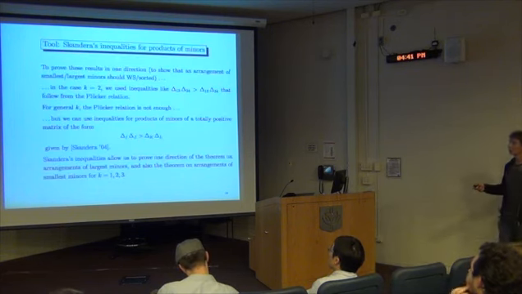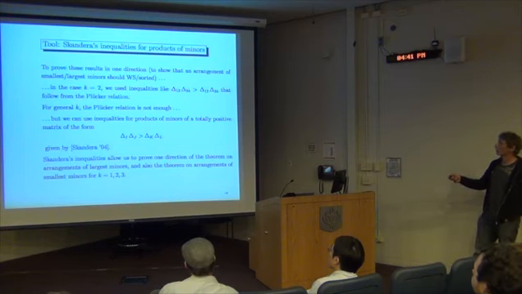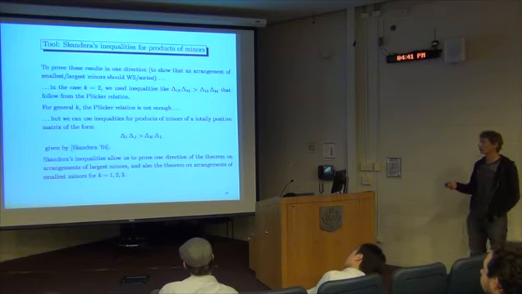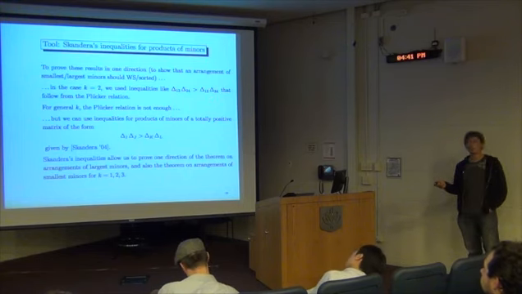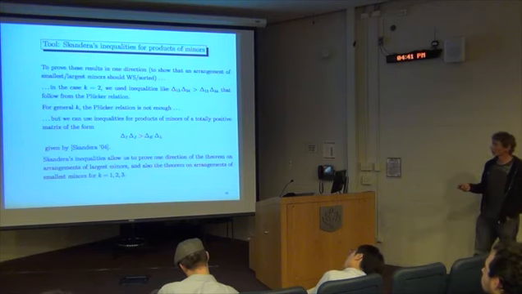So how do we prove it? We saw before that we used inequalities, this Plücker relation that implies inequalities between products of minors. In the general case, there is a generalization of these inequalities found by Skandera.